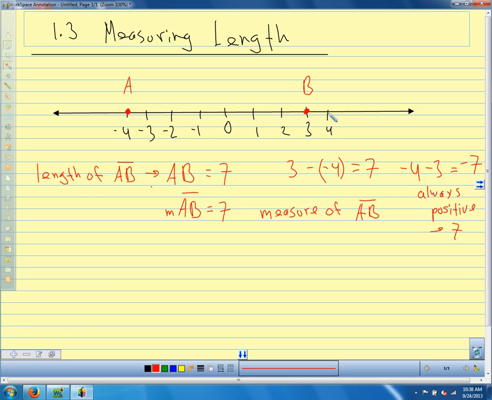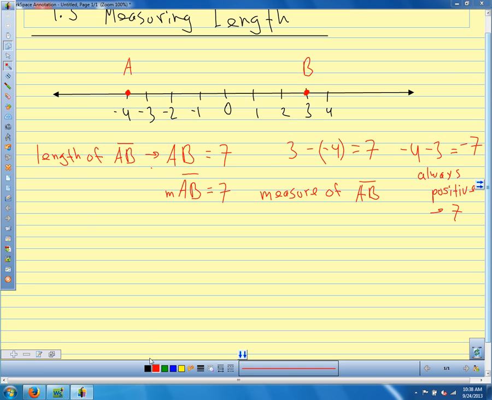Now in geometry, we don't always want to talk about the length of things. We want to talk about segments rather than the lengths of segments. When we talk about segments, and we'll do this with all kinds of different shapes, we compare the lengths of segments, and if we compare the segments themselves, we use a different word and a different symbol.